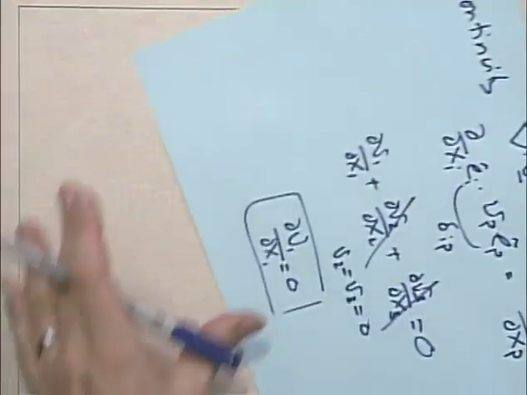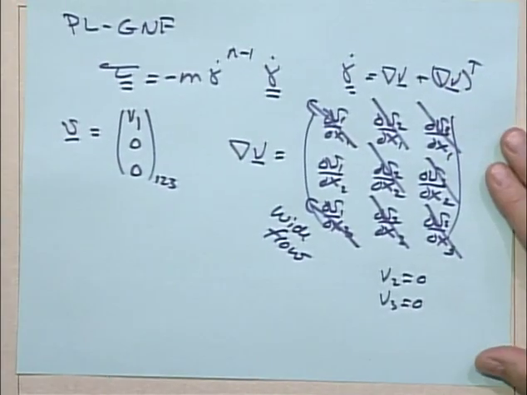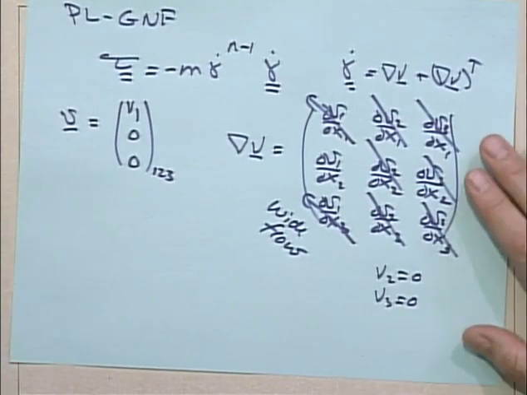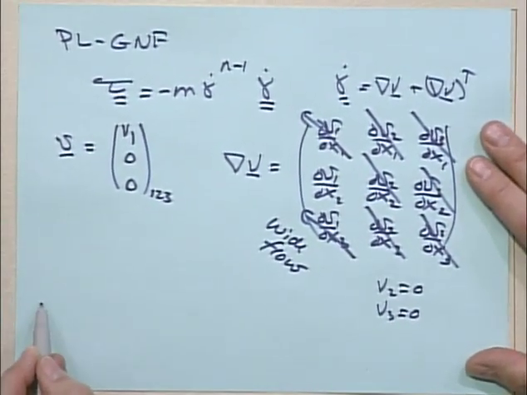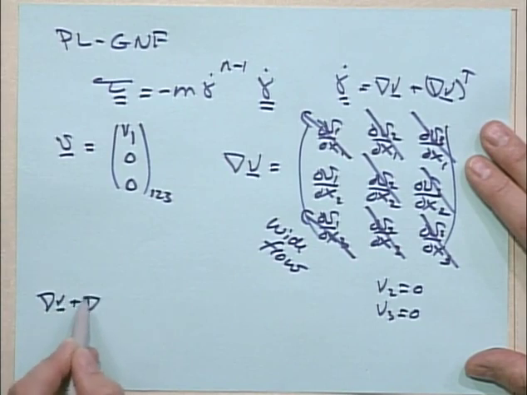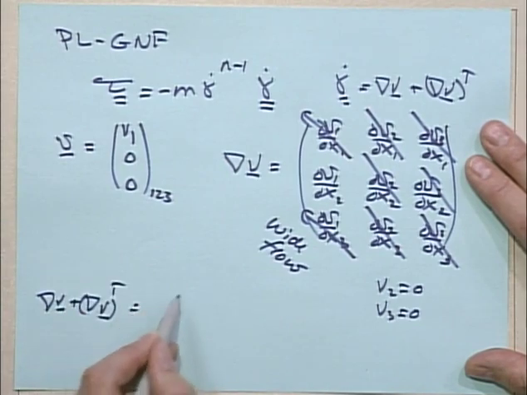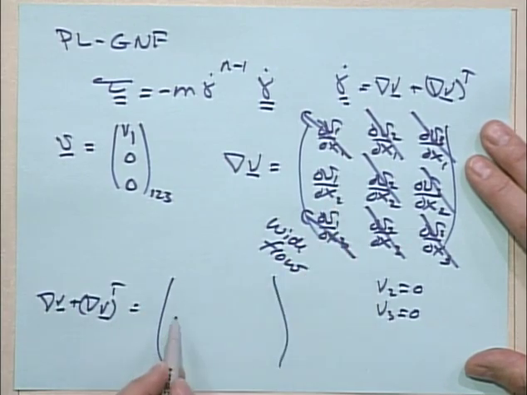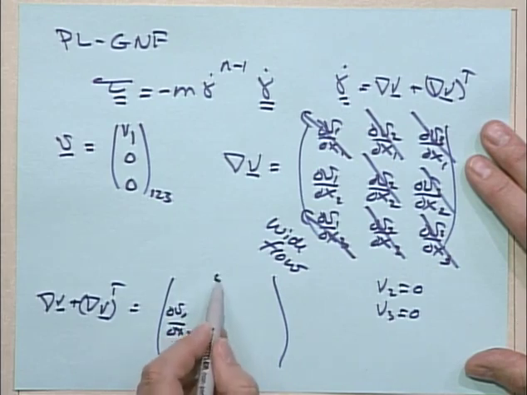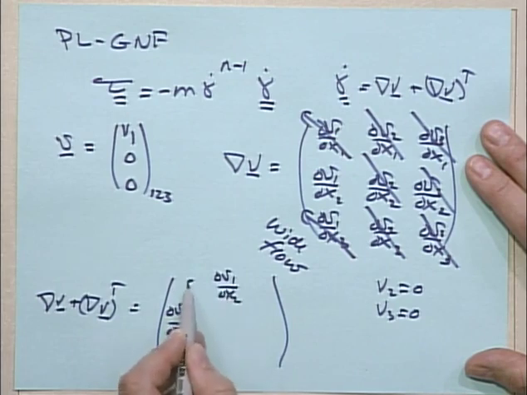So the continuity equation gets rid of that last term. Okay, so we're left over with just one term. And when we write del V plus del V transpose, we get a symmetric tensor again with dv1 dx2 here and here. And everything else is 0.